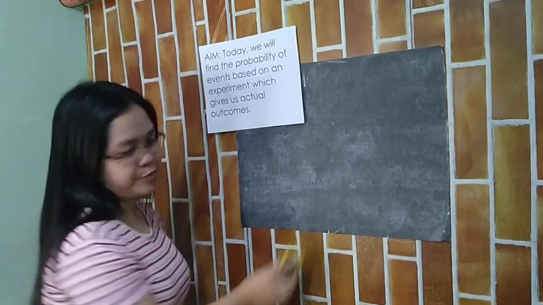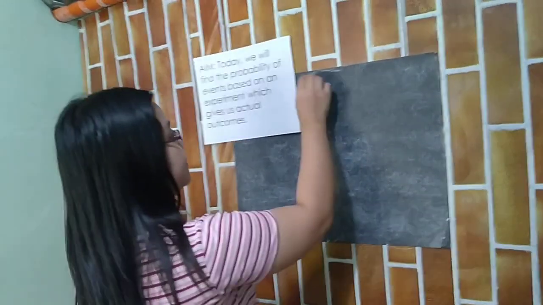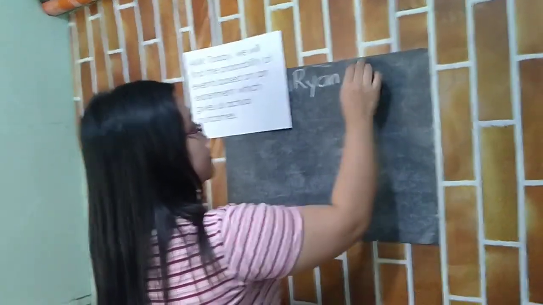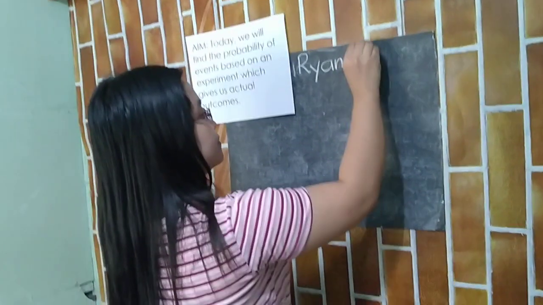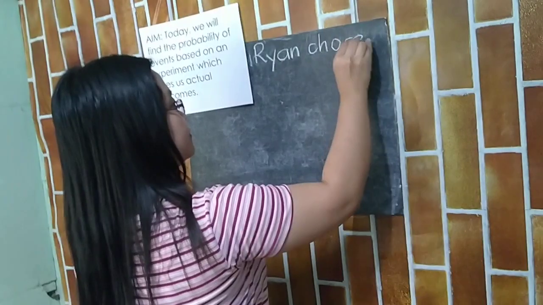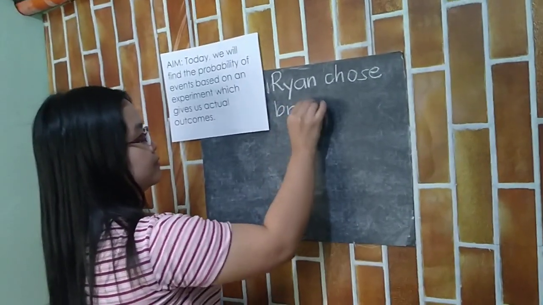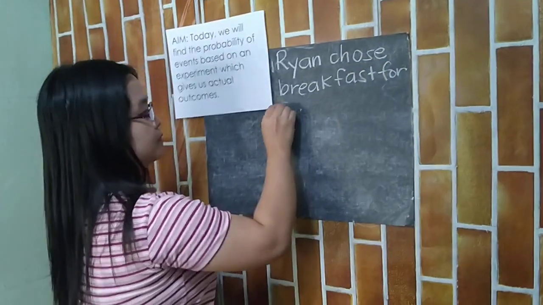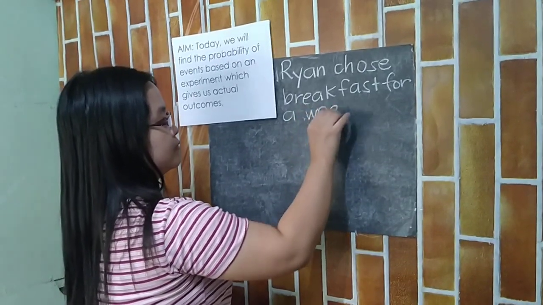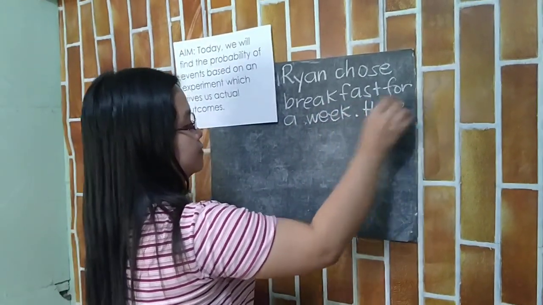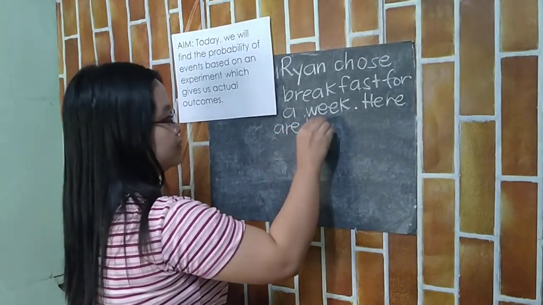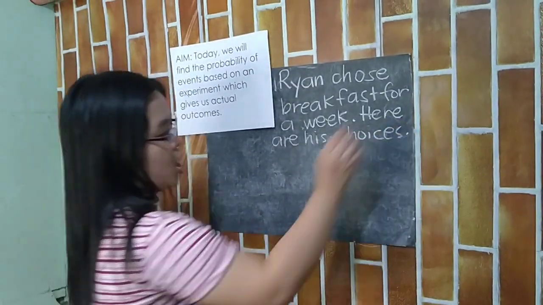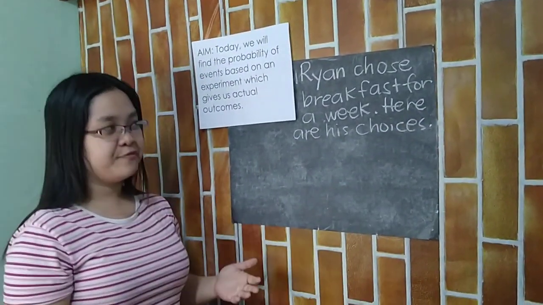Now, let me give you an example problem. So, let me write it first. Ryan chose breakfast for a week.